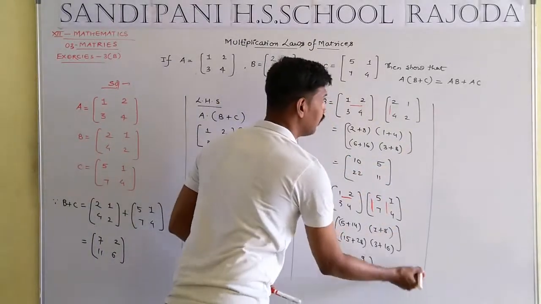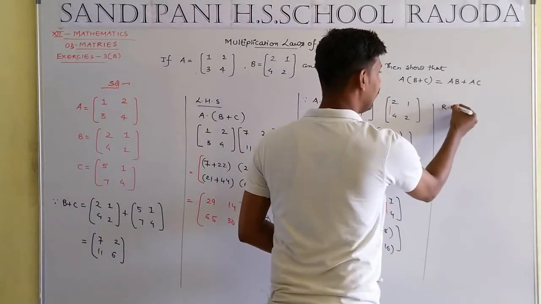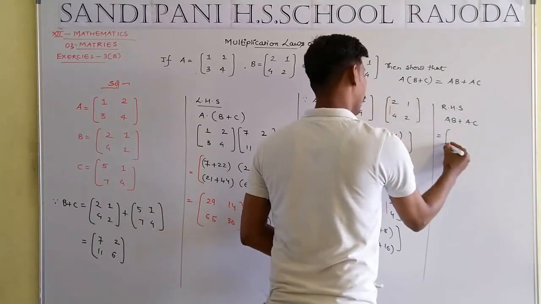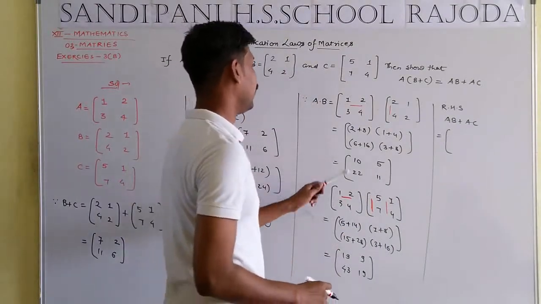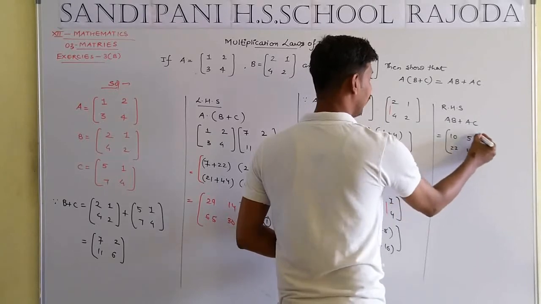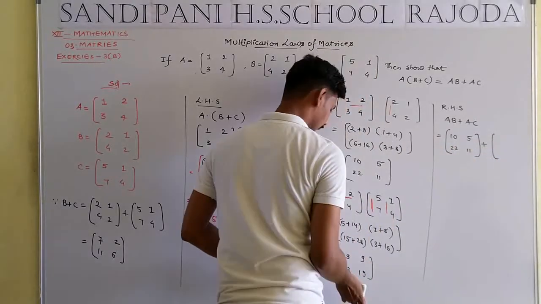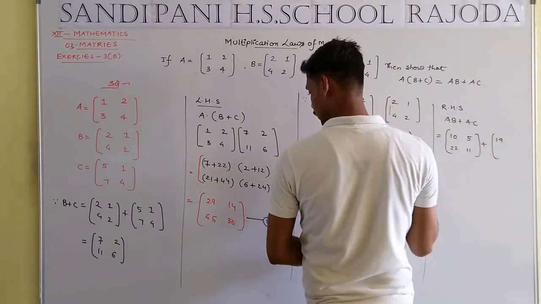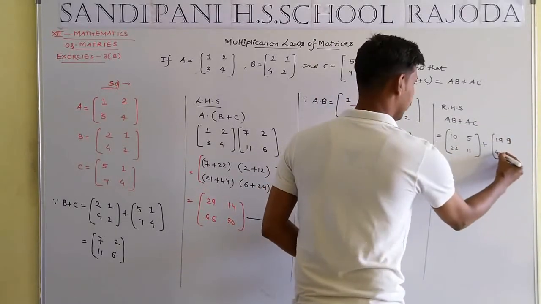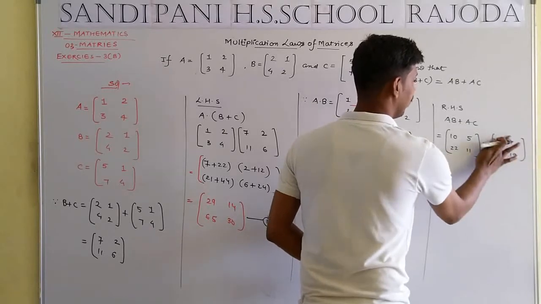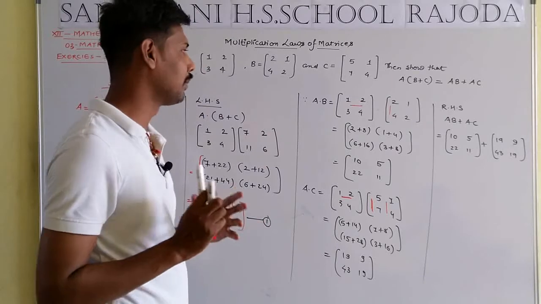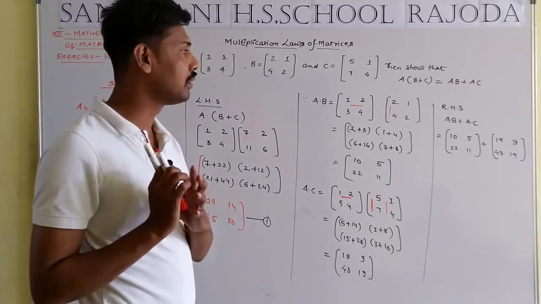But what is the demand of the RHS? RHS is in the form AB plus AC. What is the meaning of AB? AB, dear student, is [[10, 5], [22, 11]] plus AC, which is [[19, 9], [43, 19]]. Now we have to add the two matrices. What is the rule of addition?